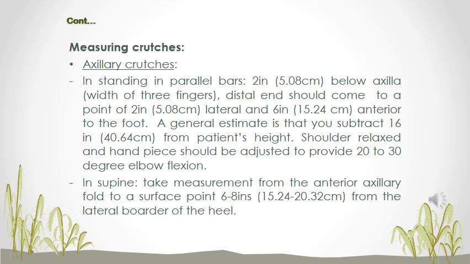The distal end should come to a point 5 centimeters lateral and 15 centimeters anterior to the foot. So what this means is that when you are standing, place the bottom part of the axillary crutch 5 centimeters lateral to the foot and 15 centimeters anterior, forward.